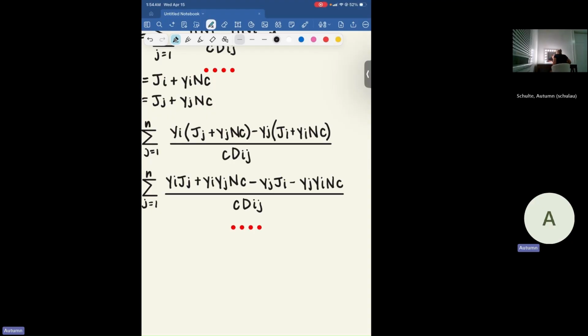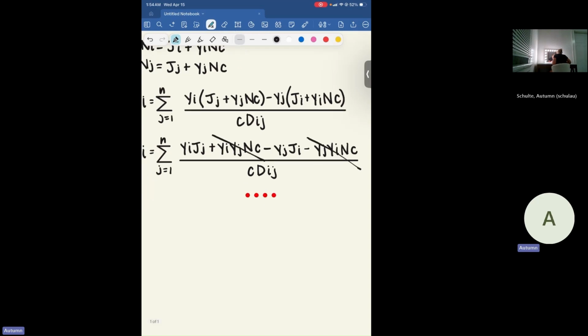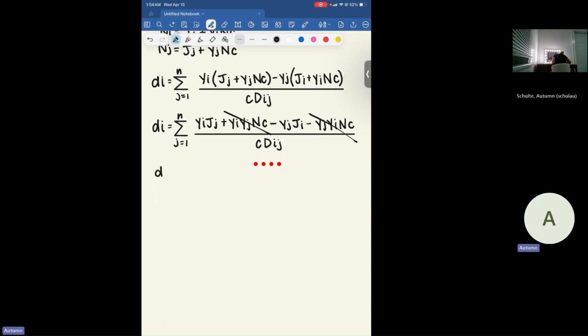And you will see that conveniently these two terms cancel, and we are now left with the driving force of component I equal to our summation from J equals 1 to N of the mole fraction of component I times the molar diffusive flux of component J, minus the mole fraction of component J multiplied by the molar diffusive flux of component I, divided by the overall molar concentration and the diffusive constant of I through J. And there you go.